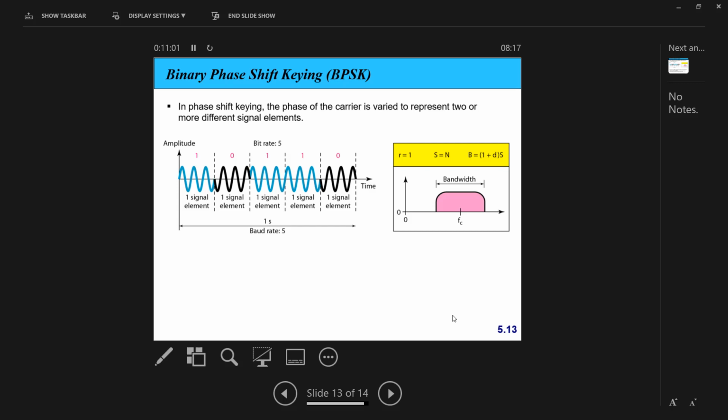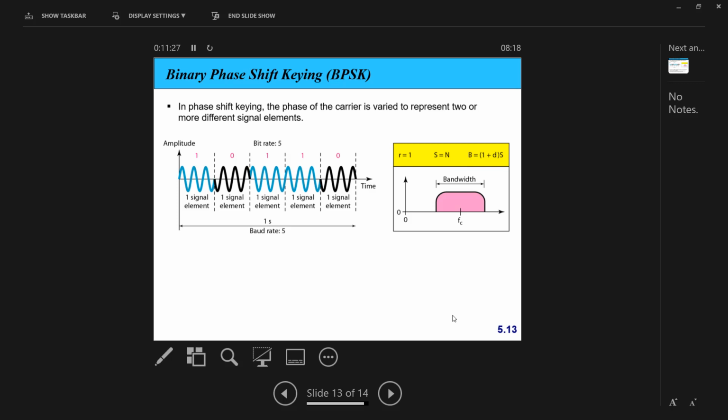The environment can mean noise, attenuation, and distortion. All these three factors affect the amplitude significantly, not the phase. So the phase is less sensitive to the errors of the channel. So it will have less bit error rate in the channel because we change the phase, not the amplitude.